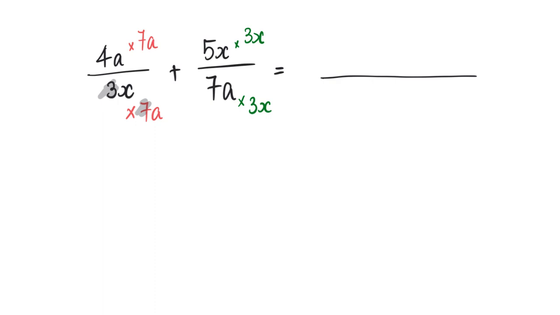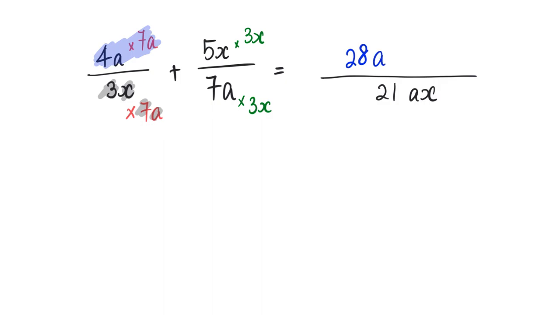3 times 7 is 21. Not forgetting my a times x, ax, and the numerator. Let's continue, okay? 4 times 7 is 28.